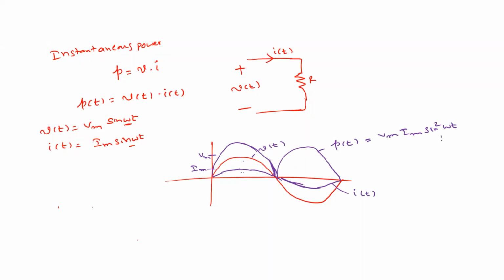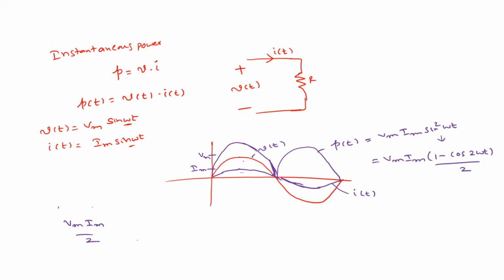How do we write sine square omega t in terms of cos terms? It is 1 minus cos 2 omega t, whole upon 2. So the first term is Vm Im by 2.